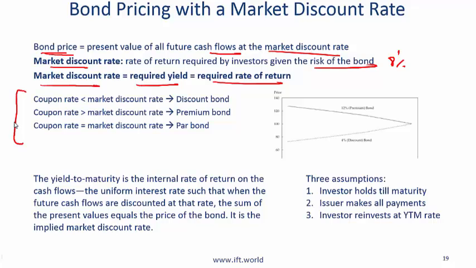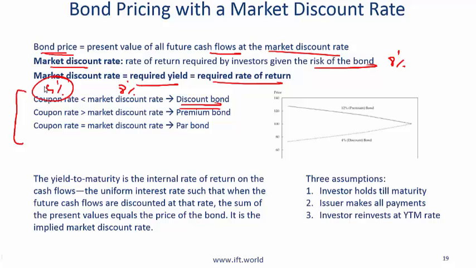Let's say a company issues a bond where the coupon rate is 12%. The coupon rate is greater than the market discount rate of 8%. This is a discount bond. Actually, I got that wrong. So let's say that a company issues a bond where the coupon rate is 4%.